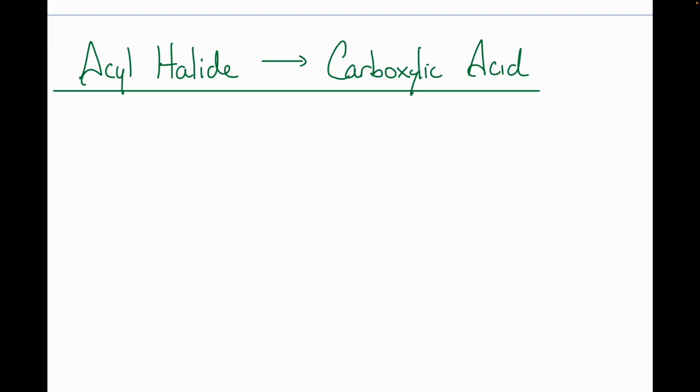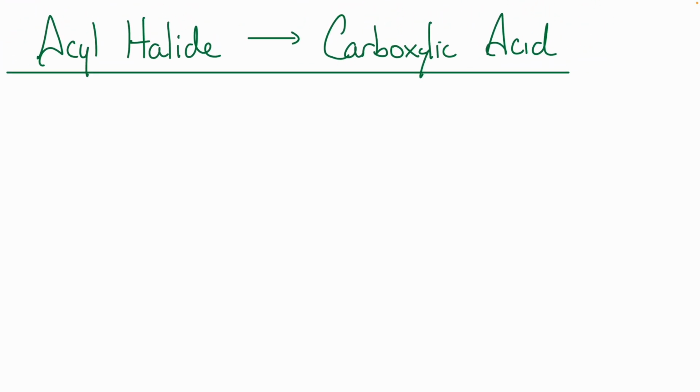All right, so let's see if we can't figure out what's going on. All right, let's put our two compounds that we want. I'm going to pick a specific acyl halide. We're going to pick an acyl chloride here. And our goal is to convert this into a carboxylic acid.